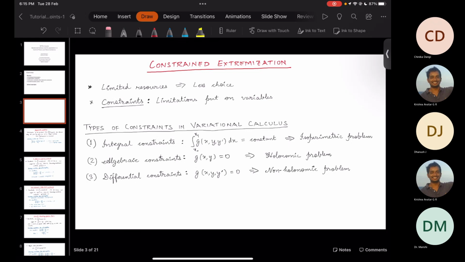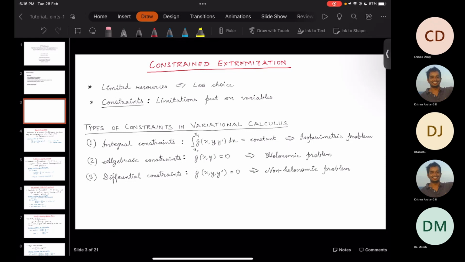Essentially, we had introduced constraint extremization. As is well known to all of us, when resources are limited in nature, this reduces the number of options that we have in order to carry out a task.